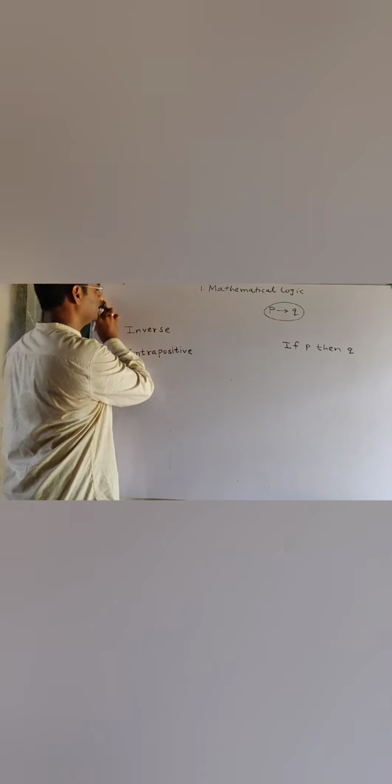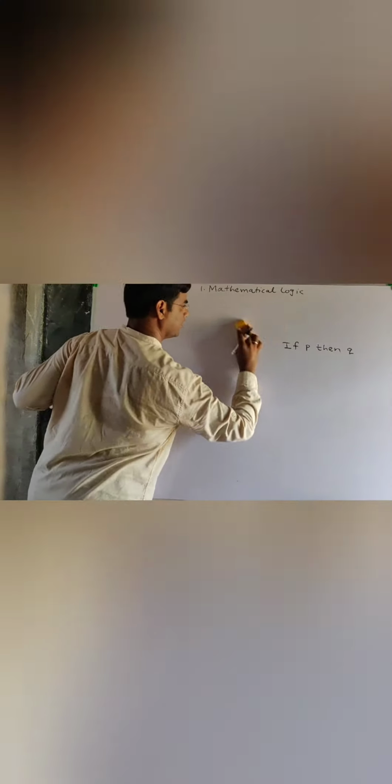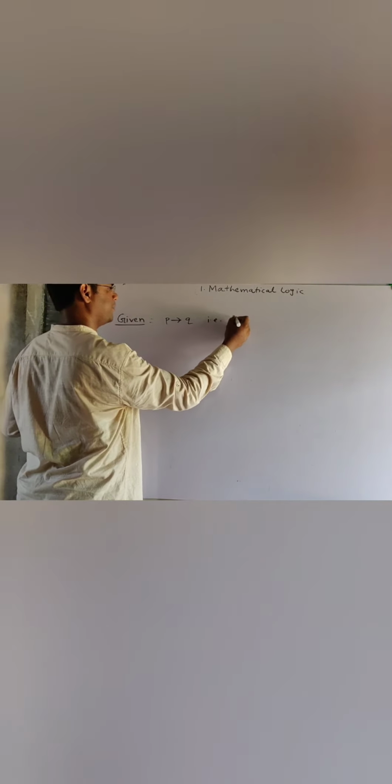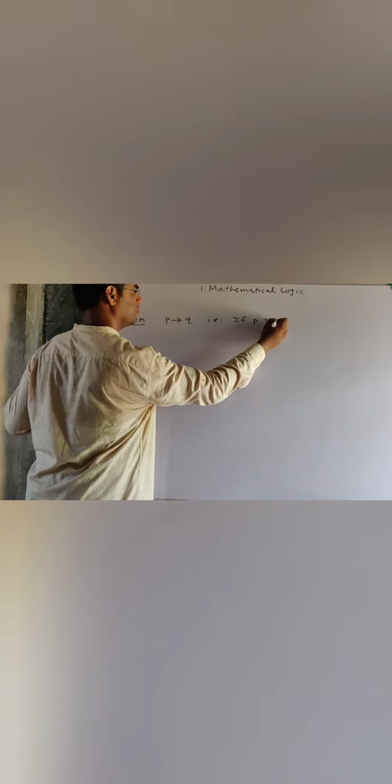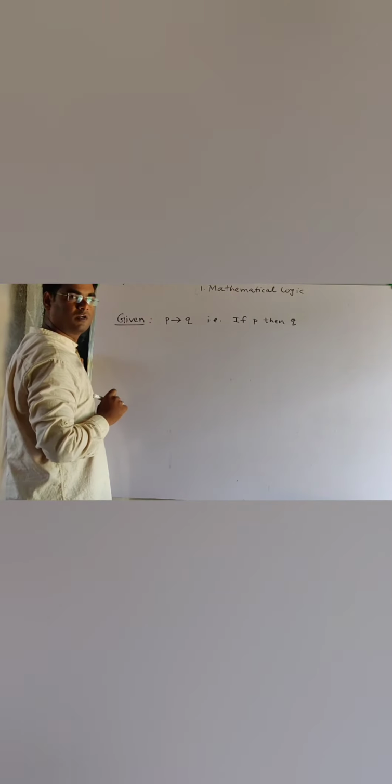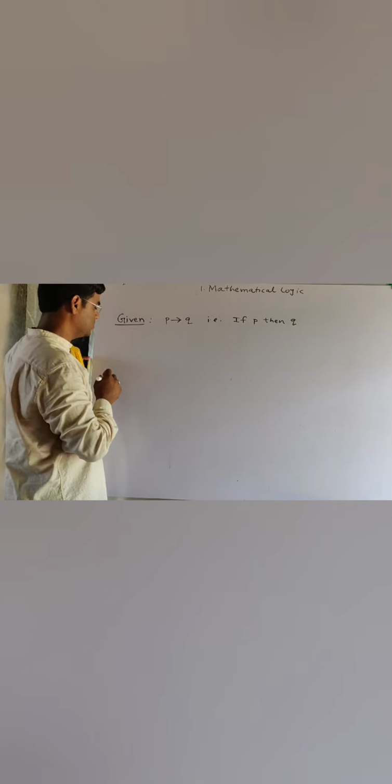P implies Q means if P then Q. Suppose we are given the statement P implies Q, that is if P then Q, this statement is known as a conditional statement or implication statement.